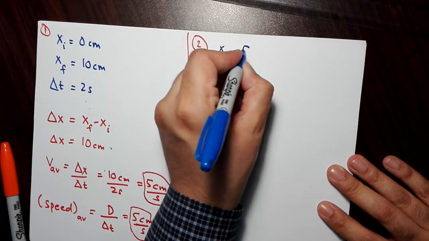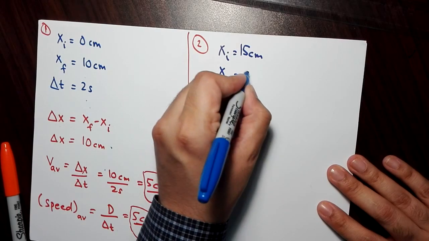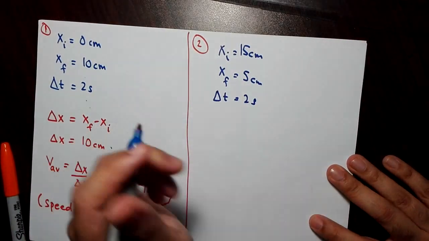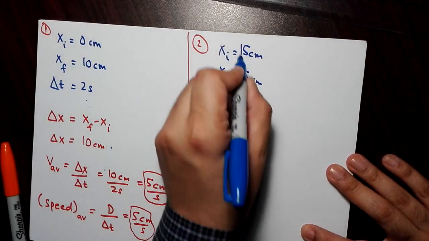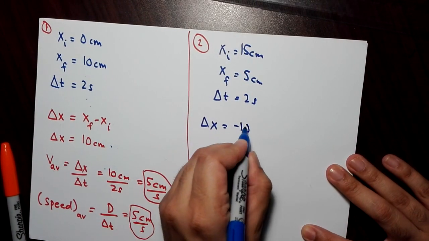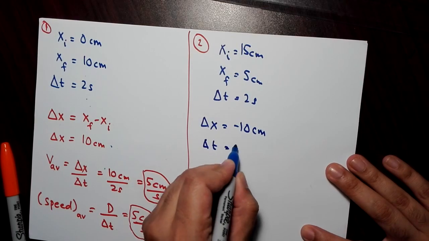X initial is 15 centimeters, and x final is 5 centimeters, and delta t, let's say, is again 2 seconds. So delta x is 5 minus 15, x final minus x initial, so you get negative 10 centimeters. Notice the negative sign, and delta t is 2 seconds.